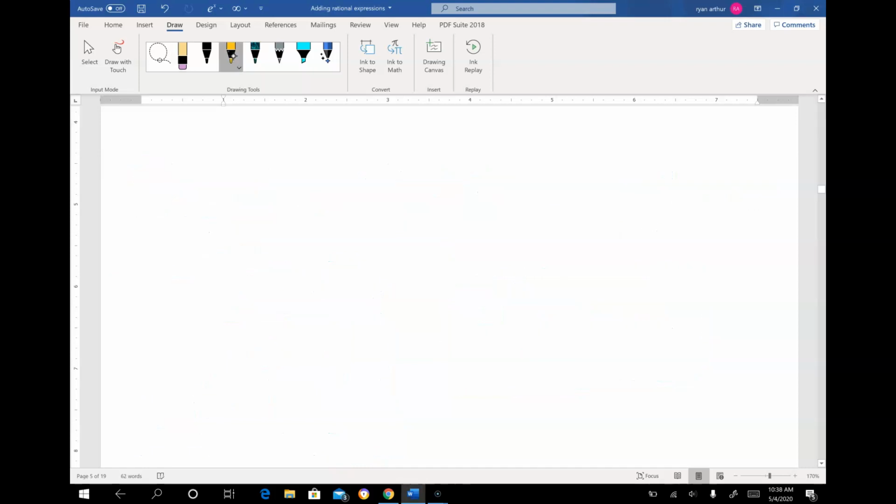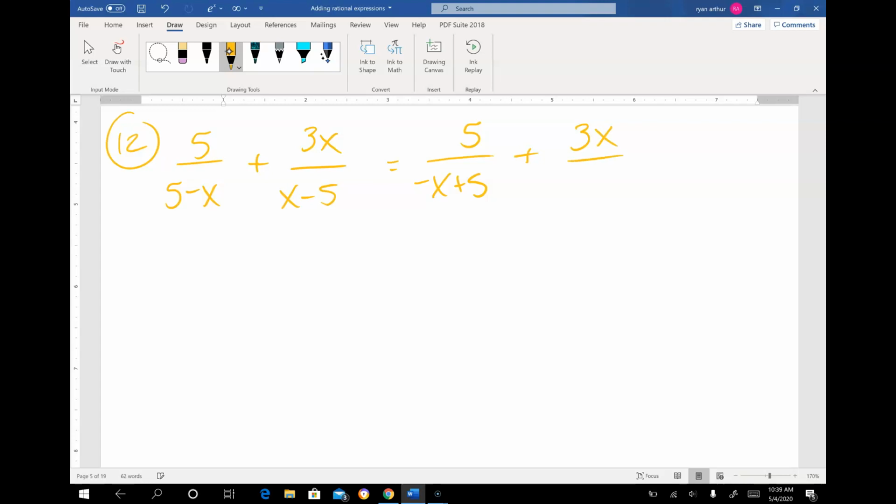All right, last one. Number 12 is kind of a special one that you are going to probably see again. I know it's on your Study Island, but I know it's very common for teachers to use this, okay? So, really, the denominators look different, but let's rewrite that left-hand side. And we're going to have negative x, like putting it in standard form. Okay?